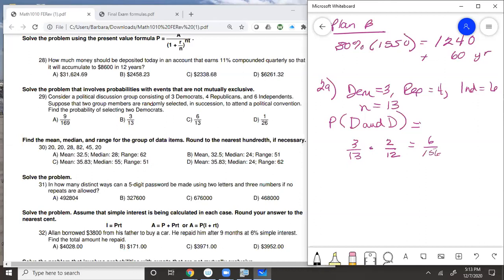And then you can reduce that fraction to 1/26. And that's the answer, D.